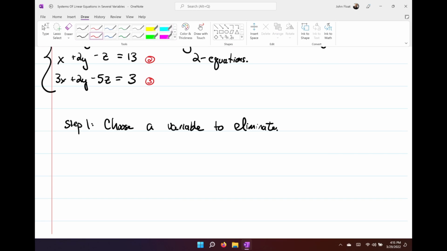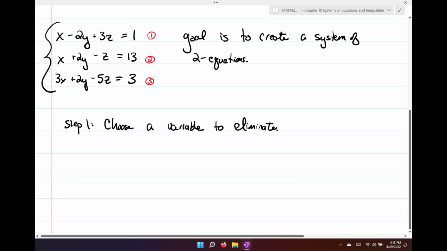All right? And if you notice, in equations 1 and 2, I can eliminate the y very easily. So we're going to choose equation 1, x minus 2y plus 3z equals 1, and equation 2, x plus 2y minus z equals 13. And we're going to add these 2 equations together.